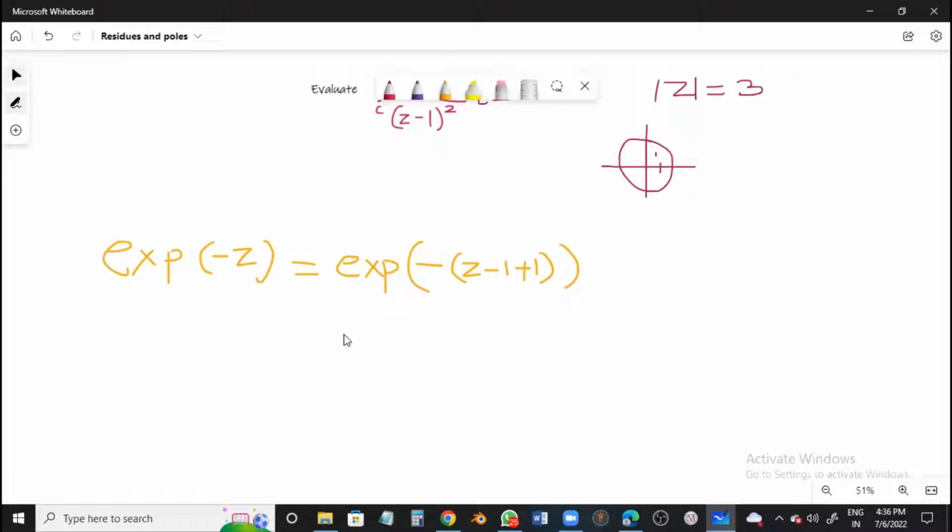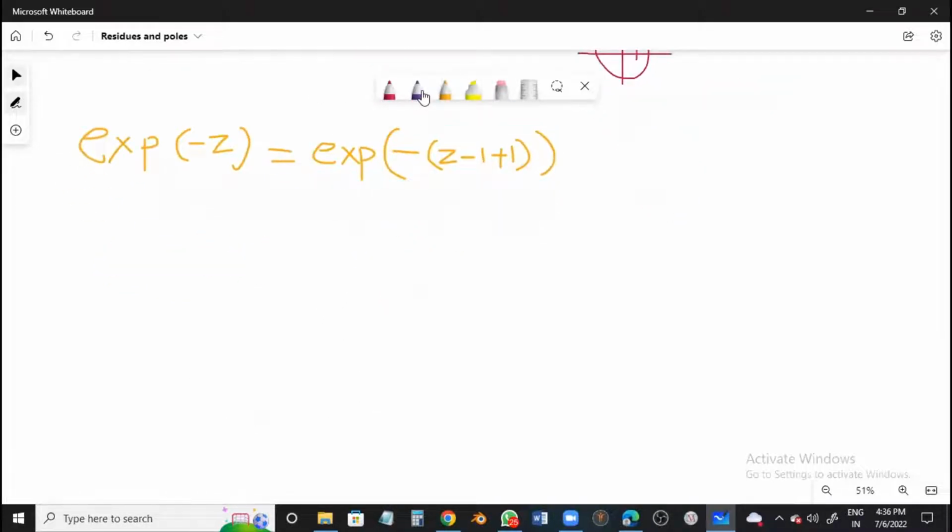So what do I get? This is exponential. In bracket, this plus 1 will come out with a minus sign. So I got minus 1 minus bracket z minus 1. I suppose you followed me. Sure?